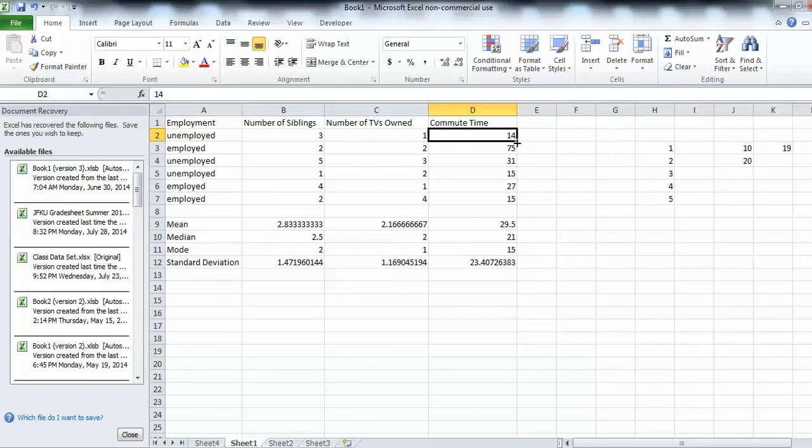So if my lowest number is 14, I would start at 10 right here. If my lowest number was 24, I would start at 20. So I'm going to go from 10 to 19 to 20 to 29, 30 to 39, 49. I'm going to keep going until I pass the highest value in the data set.